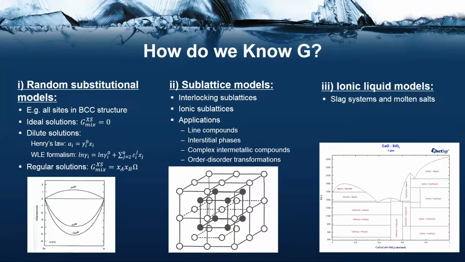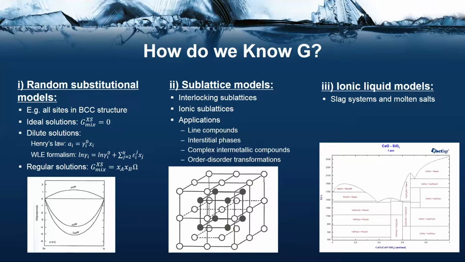Why is this contradictory? Well, the liquid immiscibility right here is associated with a positive deviation from ideality, whereas the intermediate compounds right here are associated with quite a strong negative deviation from ideality. In short, in liquid immiscibility, the components don't like each other, whereas in the formation of intermediate compounds, they like each other very much.